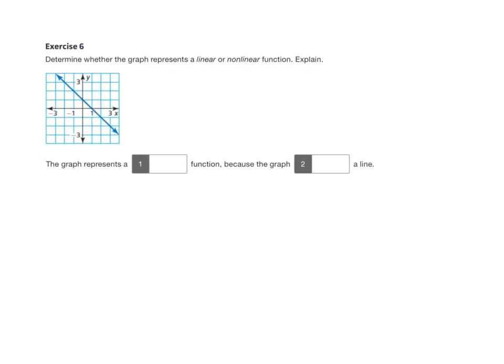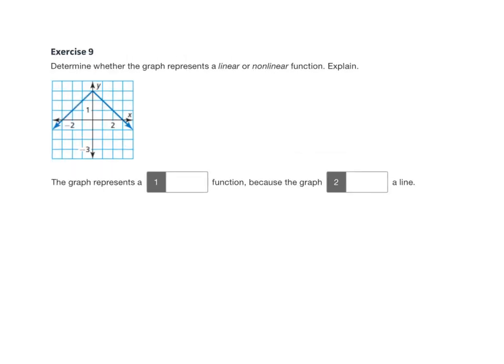Exercise number 6. Determine whether the graph represents linear or nonlinear. This graph represents a linear function because the graph is a line. Exercise number 9.